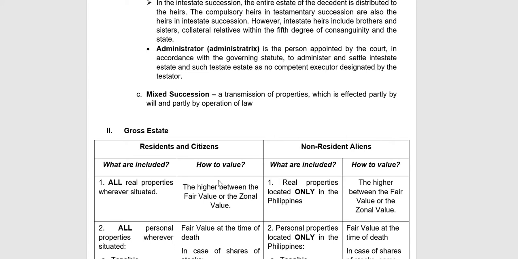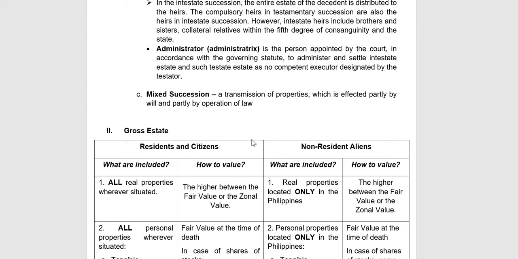However, as a general rule, resident and citizens, those resident citizen, non-resident citizen, and resident alien, taxable sila within and without. Meaning to say, say resident and citizen, ang property niya within the Philippines, here and abroad, are taxable.